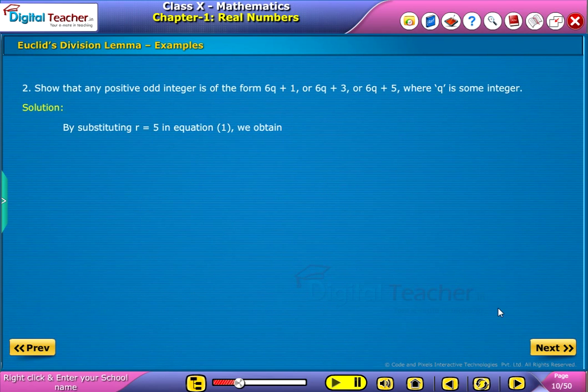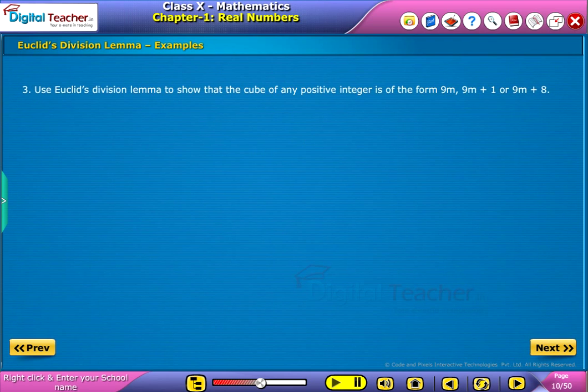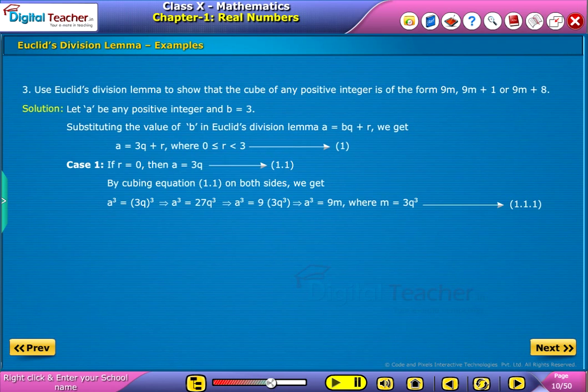By substituting r equal to 5 in equation 1, we obtain a equal to 6q plus 5. Solving the above equation. Problem 3 is to use Euclid's division lemma to show equation 1.